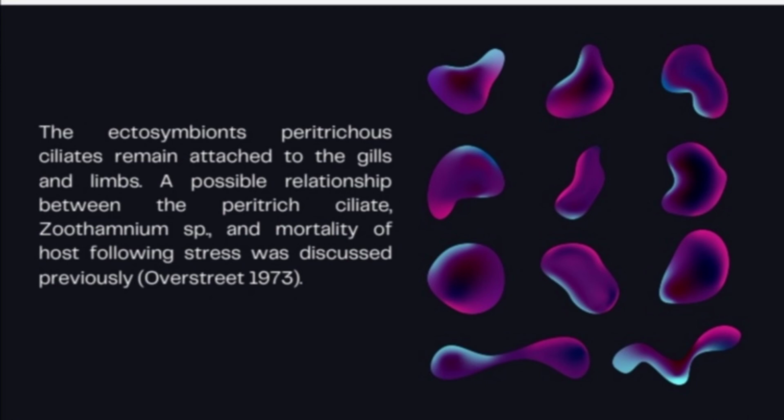The ectosymbionts, peritrichous ciliates, remain attached to the gills and limbs. A possible relationship between the peritrich ciliate Zoothamnium sp. and mortality of the host following stress was discussed previously.